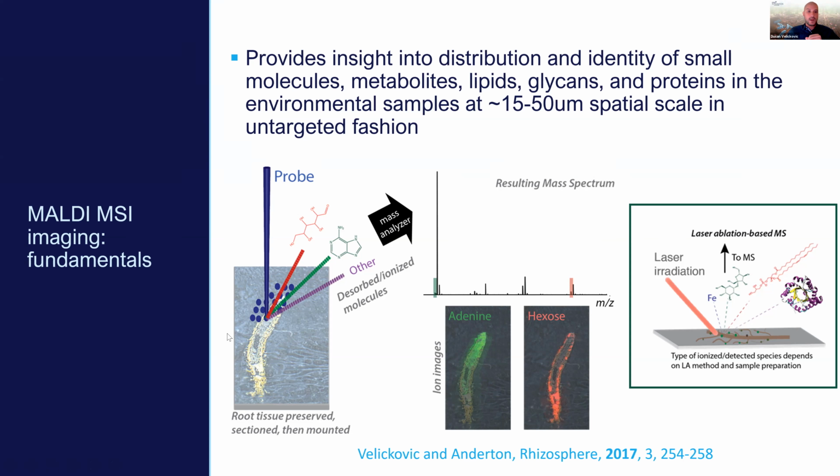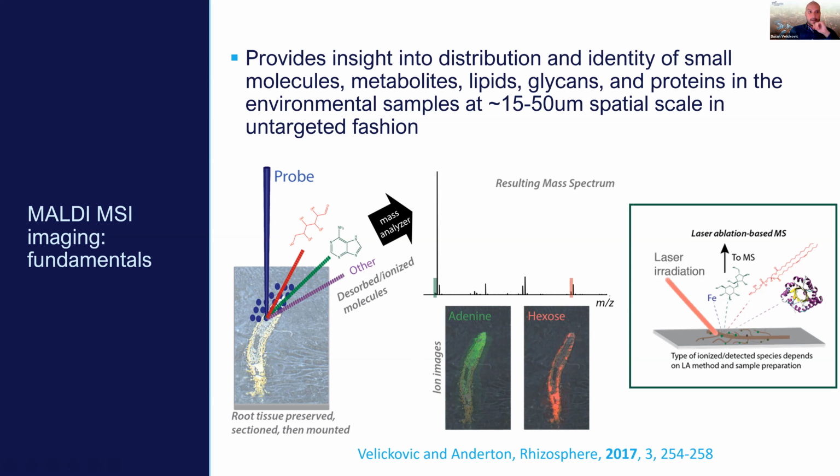And then when the entire sample is analyzed, so we took from each particular pixel in the sample a mass spectrum, we end up creating ion images that represent the relative distribution of a particular molecule with a particular mass over the sample that we analyze. And in this case, you can see how that looks on the root tip.